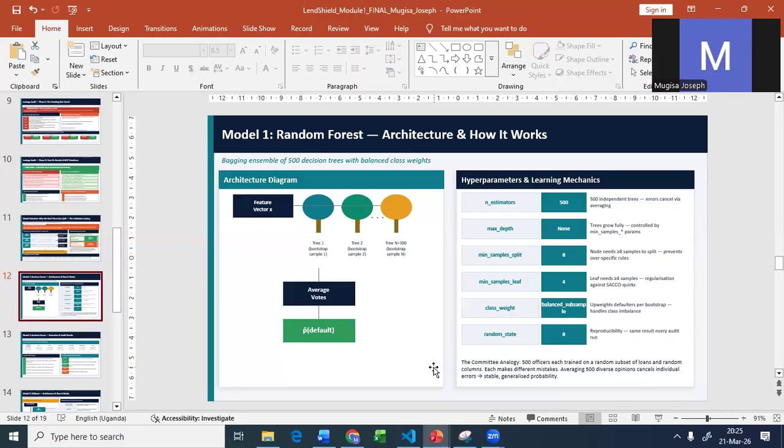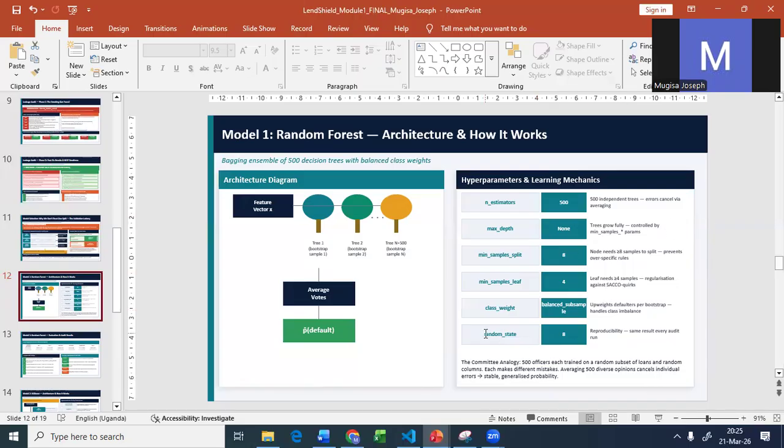We make different trees, all defining their rules. The last tree produces a given probability, let's say 60%, and another tree will create another. Now, the mistake made by sending a given borrower as a defaulter who was not will be cleared by another mistake made by another tree. Errors cancel via averaging. So we average the votes of those trees, and therefore we come up with more stable results.